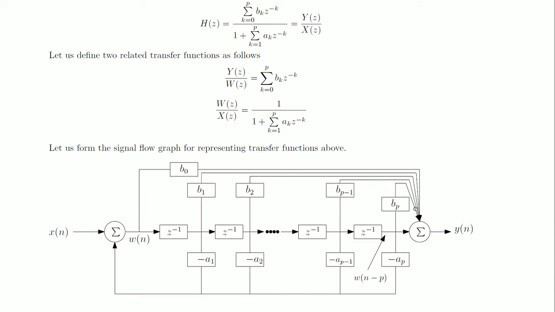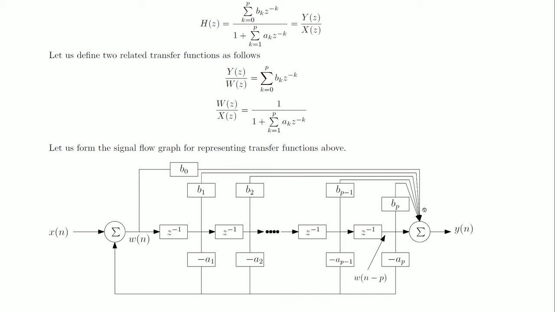Then again from the output of the first delay element you have a feed forward path through the gain b1, and a feedback path through minus a1 which goes back to the input. The feedback path leads into the input, and the feed forward path goes to the output.